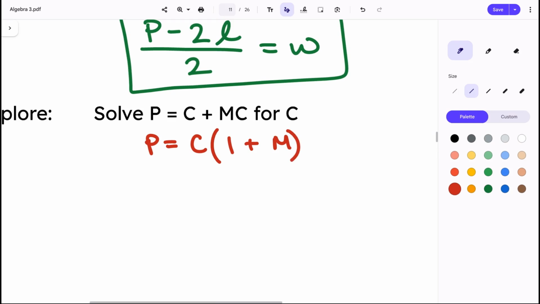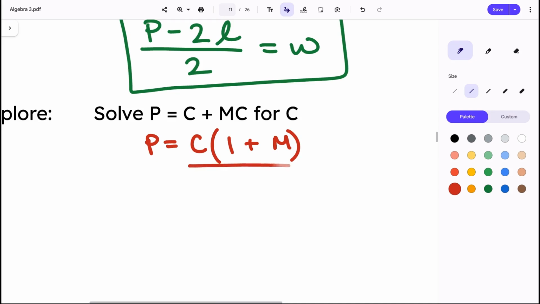Now I only have one C in my problem, which makes this a little bit more manageable because I just want to get that letter by itself. How do I get rid of that quantity though, 1 plus M? What operation's happening with the C and the 1 plus M? We'd have to divide because right now the C and the 1 plus M are being multiplied together.